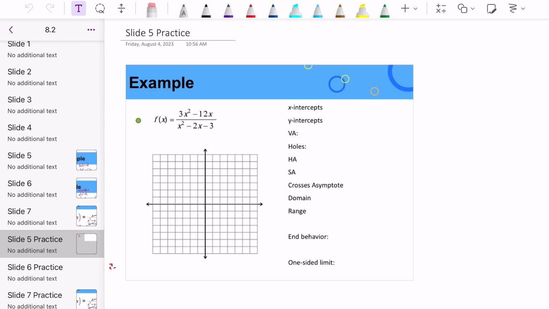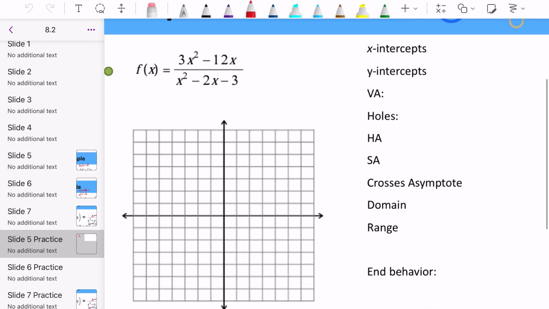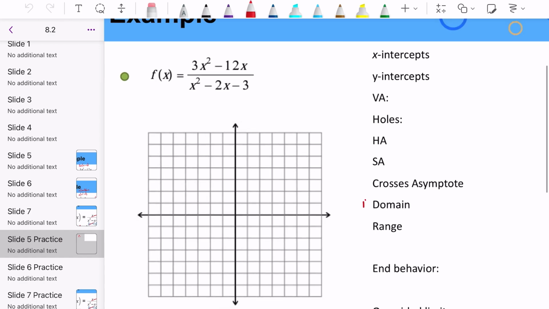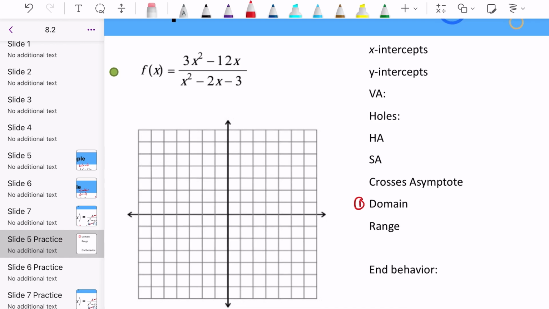Here we have slide 5. Now, generally, whenever we take a look at one of these problems, there is a specific order that I would suggest that you take. And generally, that is starting off with our domain first, then leading into determining the hole, as well as the vertical asymptote.